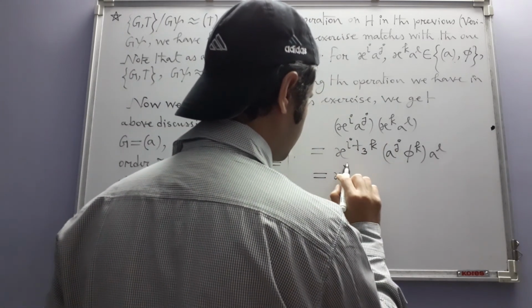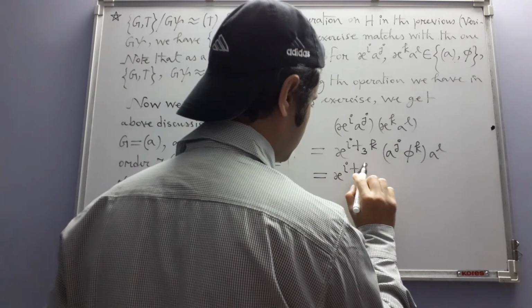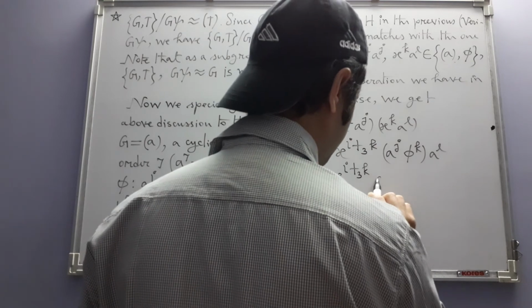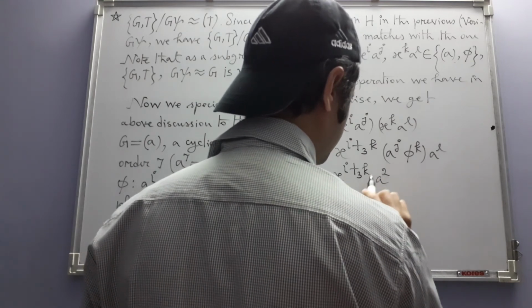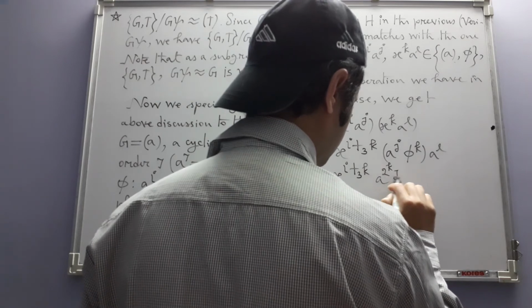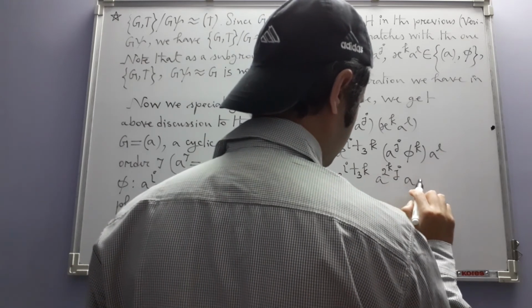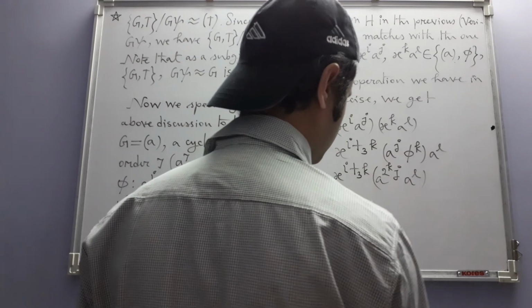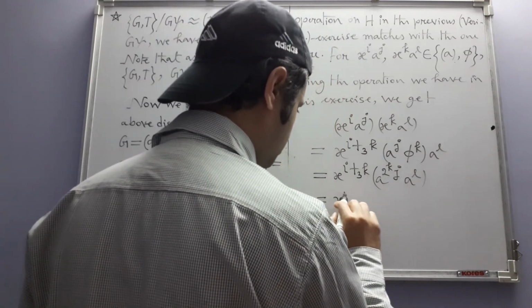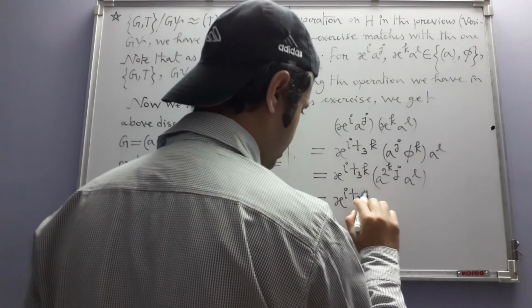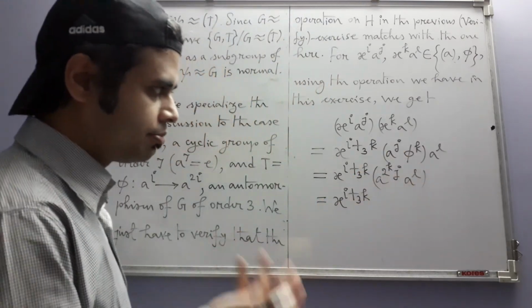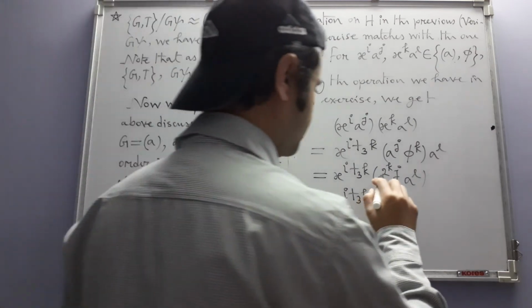Let's see what. In place of this, we are going to write a to the power 2^k j a^l. We will say why we are writing this, but let's just assume for the moment that this equals a to the power 2^k times j.